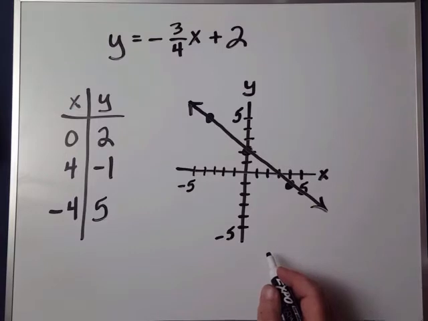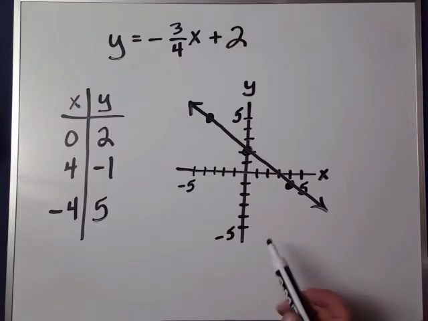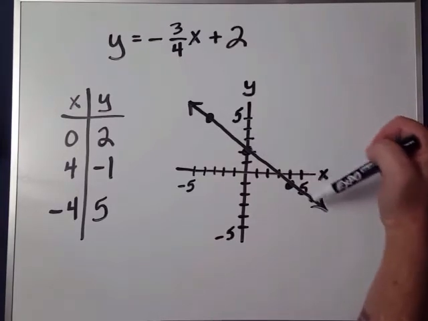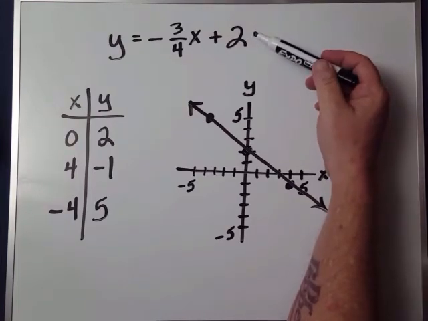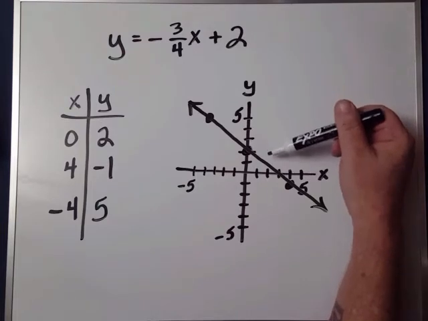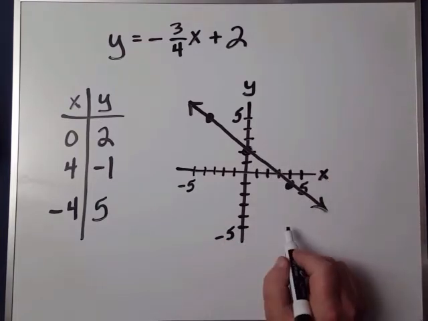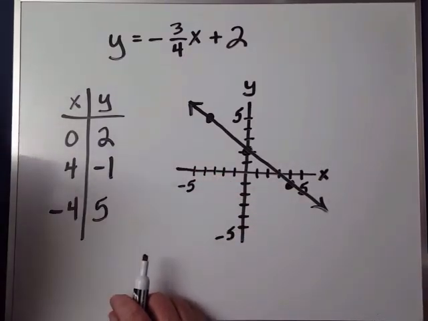You could use the side of your student ID or a sheet of paper folded over a few times as a straight edge. Doesn't have to be a ruler. Every point on this line is a solution to that equation. Every solution to that equation is a point on this line. This line represents all infinitely many solutions that there are to the given equation, this linear equation in 2 variables.